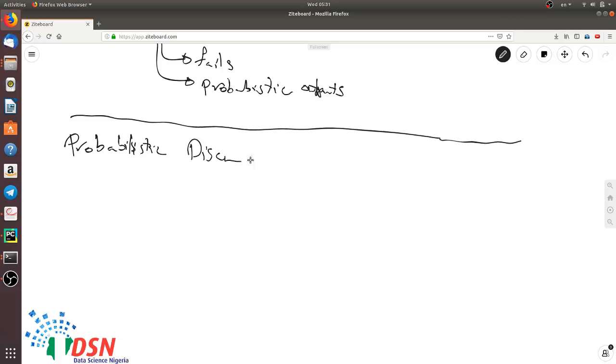We have very different models in probabilistic discriminative models.